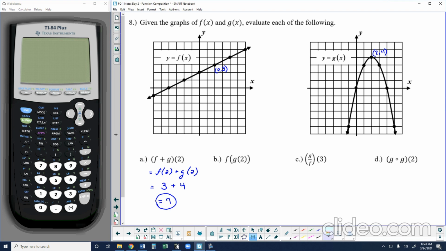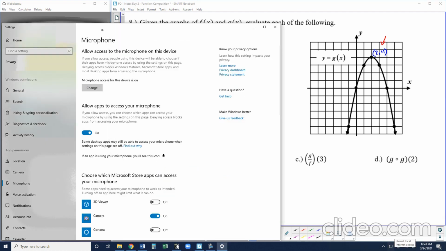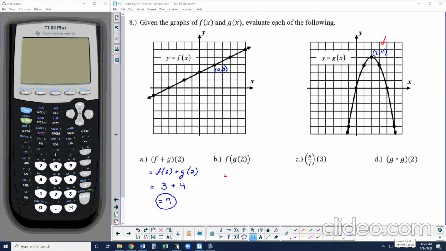Now, for b, if I want to do this function composition, what I have to identify first is what is g of 2. Well, we did already identify that as this point right here. g of 2 would be the corresponding y value when x is 2 on the graph to the right, g of x. So I can replace g of 2 with 4.